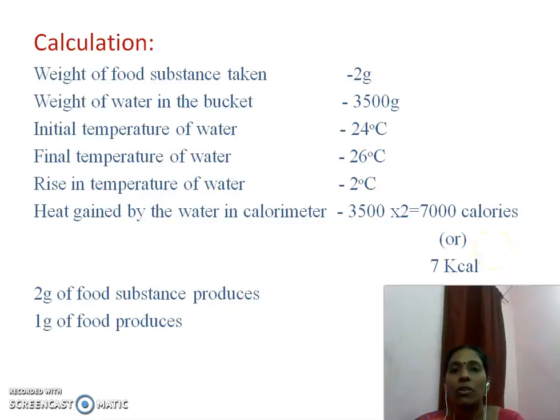Already I have told you the unit of energy is kilocalories. So 7,000 calories divided by 1000 will give you kilocalories. So 7,000 calories are 7 kilocalories. Now you can see 2 grams of the food substance produce 7 kilocalories. Therefore, 1 gram of the food will produce 3.5 kilocalories.